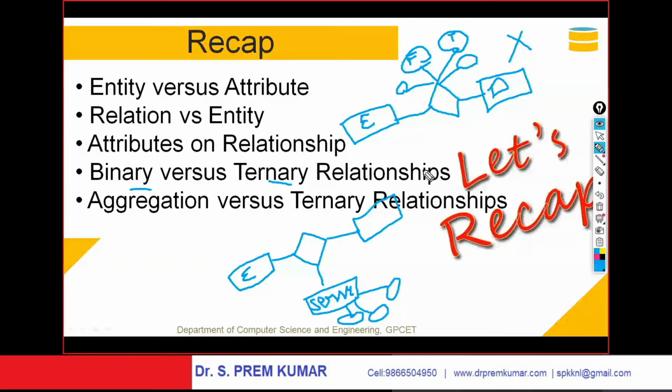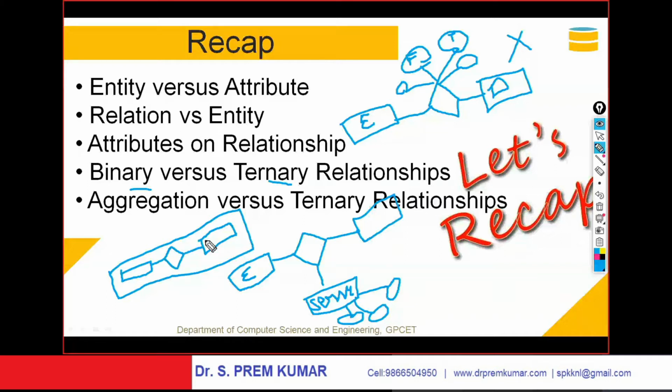Aggregation versus ternary relation. Aggregation, as you know well, means we club entities and relations into a single unit. Entities and relations are being clubbed together, and for this clubbed one, we establish a relation.